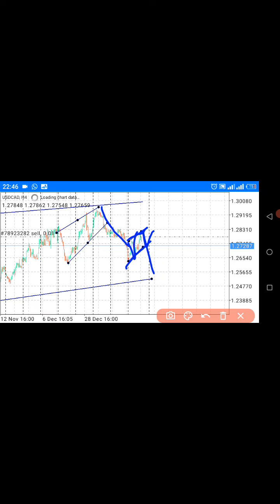When you look at the market movement that forms a particular pattern, it is easy for you to predict the next movement or the breakout of that pattern.